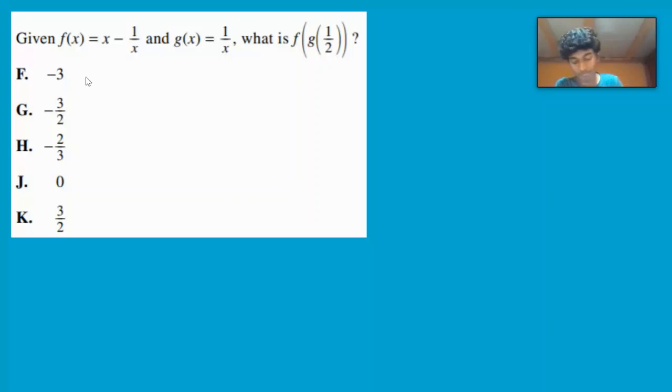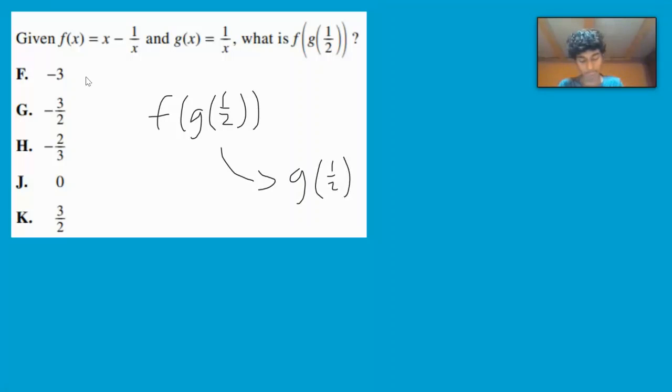All right, so we want to know f of g of 1/2. The first step in solving this is evaluating the inside. So we need to know what g of 1/2 is. We know that g of x is equal to 1 over x. So g of 1/2 is equal to 1 over 1/2, which is equal to 2.